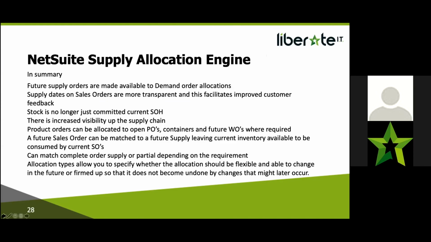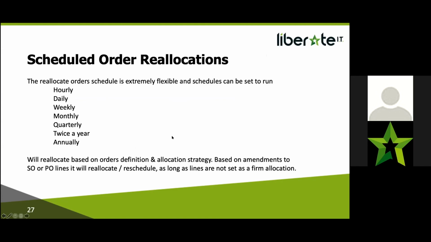When we run this as a schedule, it can be run hourly, daily, weekly, monthly, quarterly, twice a year, or annually. It will reallocate based on order definitions and allocation strategy. Based on amendments to sales orders or POs, it will reallocate as long as lines are not set as firm. If they are, it will not move them.